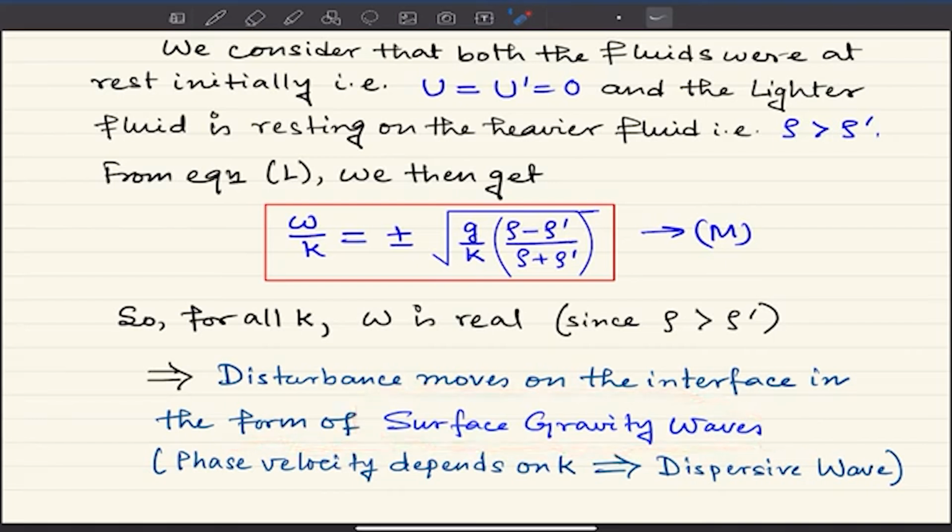And here you can see for this mode, unlike the sound speed, the phase velocity actually depends on k. So this is a dispersive wave. The phase velocity is not a constant, it depends on k. So this is the story of one case.